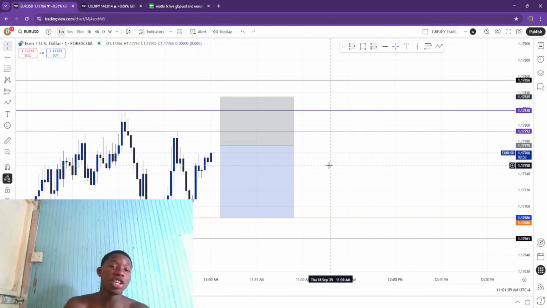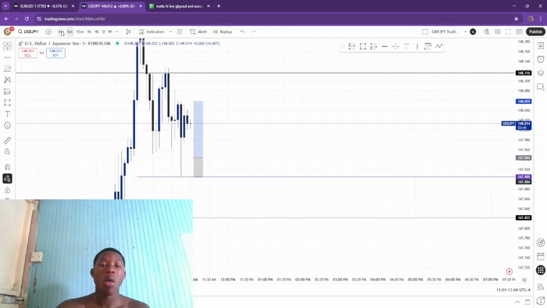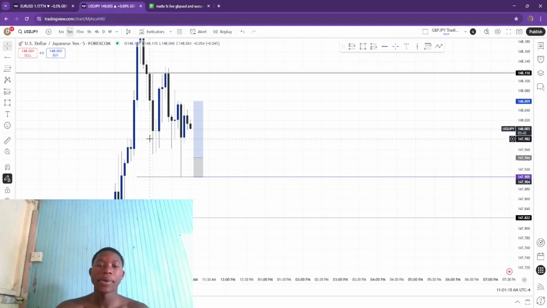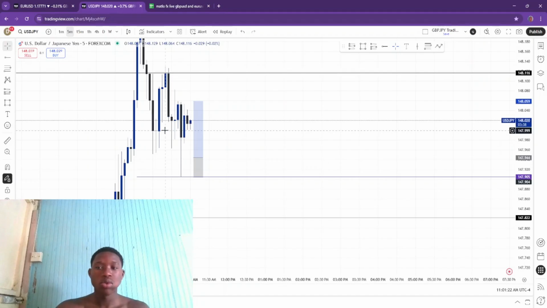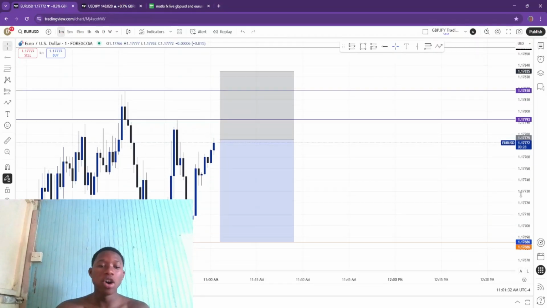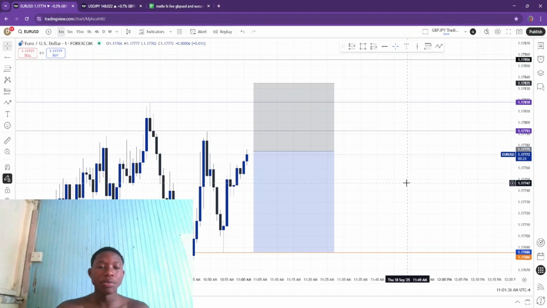Literally just waiting patiently for Euro USD to do its thing. Whoa. You have to look at that in the 5 minute now. That's a low there. Whoa! Euro USD trying to do its thing there.